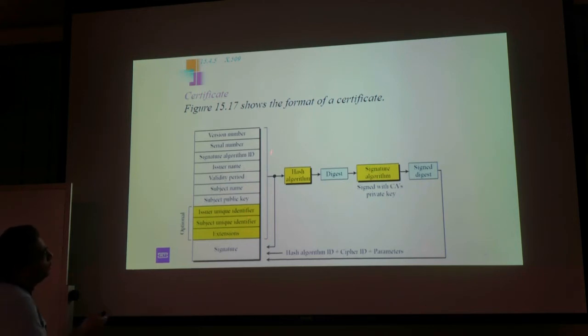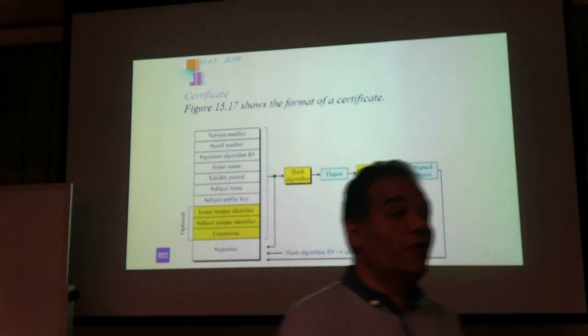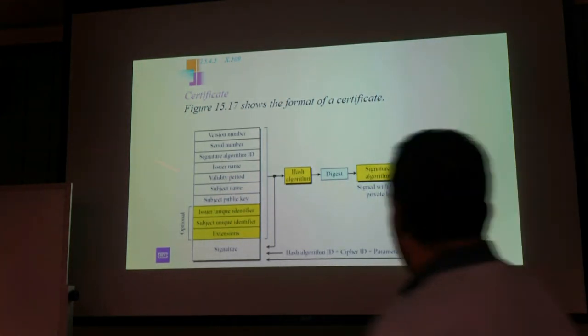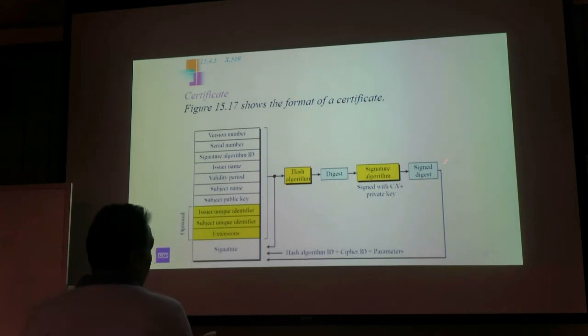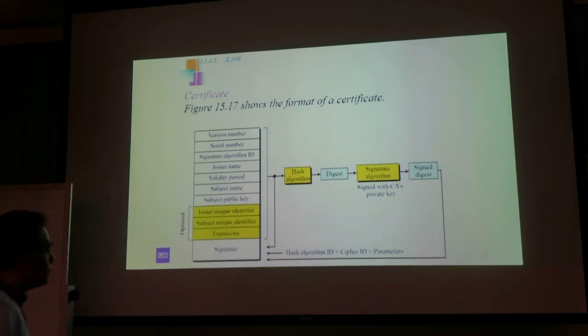How do you create the signature? You take all of these, move them through a hash function, and you get a digest. Then you apply the signature algorithm. Remember in the previous lecture, we said that when we sign, we sign the digest and not the message, because it is shorter. So we sign the digest, and this signed digest you attach back to the signature.